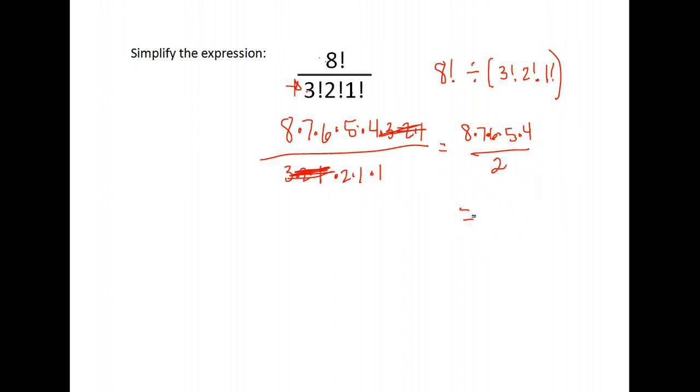So you could go ahead and multiply the top there. And that gives you 6,720, and then divide that by 2. Okay, so whether you put it in your calculator initially and just found the answer this way, or whether you wrote it out and simplified, you should get 3,360 either way.